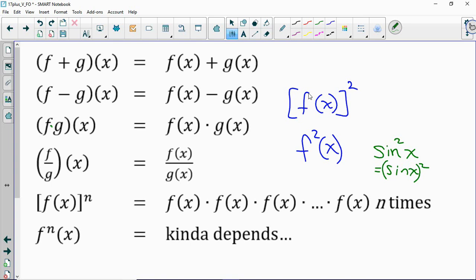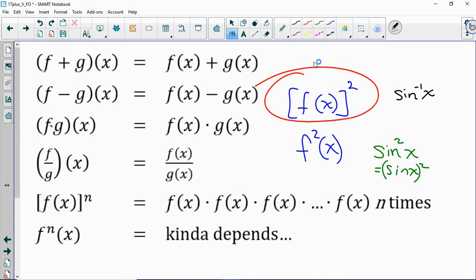But the reason that I'm going to insist that we use this way of writing it is because of inverses, which we'll see two videos from now. And we've actually talked a little bit about inverses with trig before. You remember the inverse trigonometric functions were written in this form.